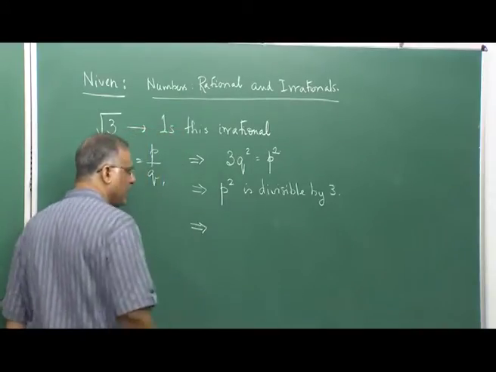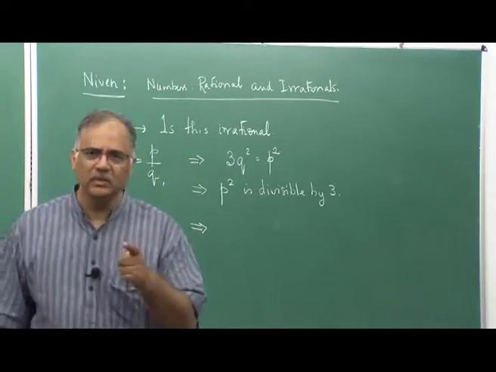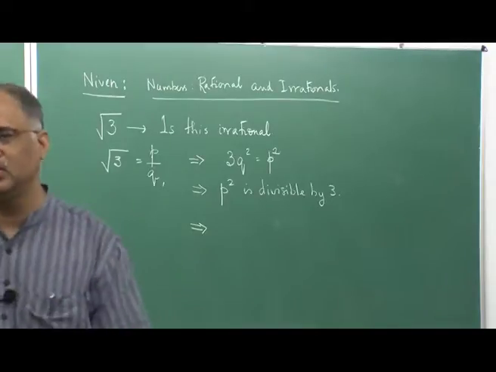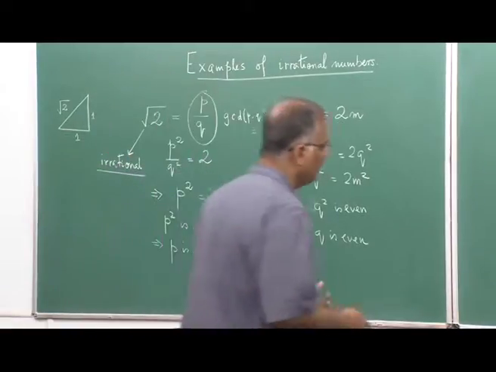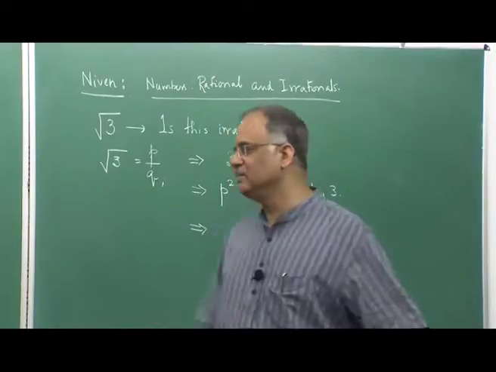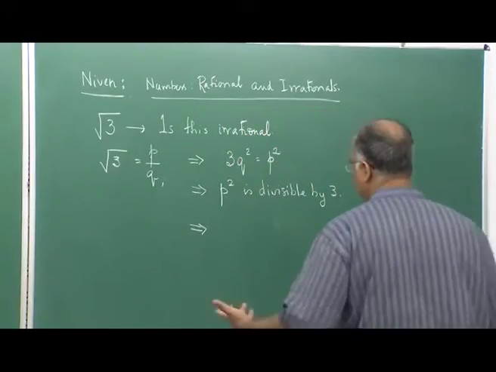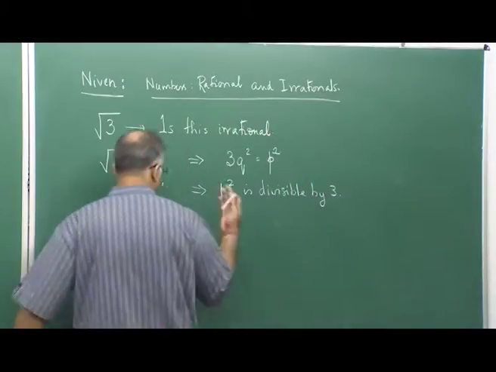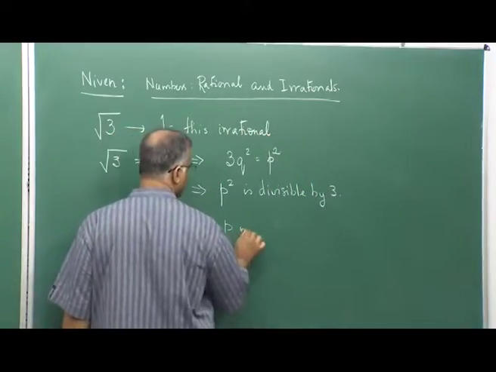But an interesting fact is that if the square of a number is divisible by 3, the number itself also has to be divisible by 3. Number theory consists of all these fun and tricky facts, and you really have to use them whenever required. So, it implies P is divisible by 3.